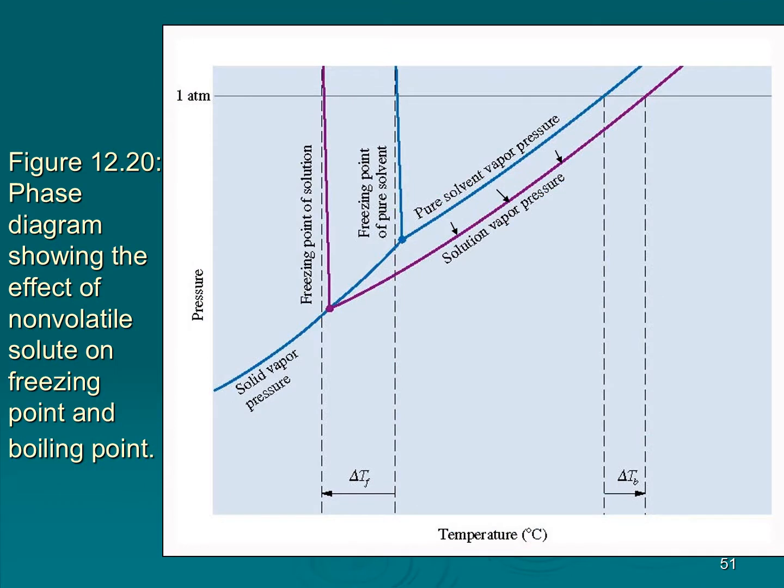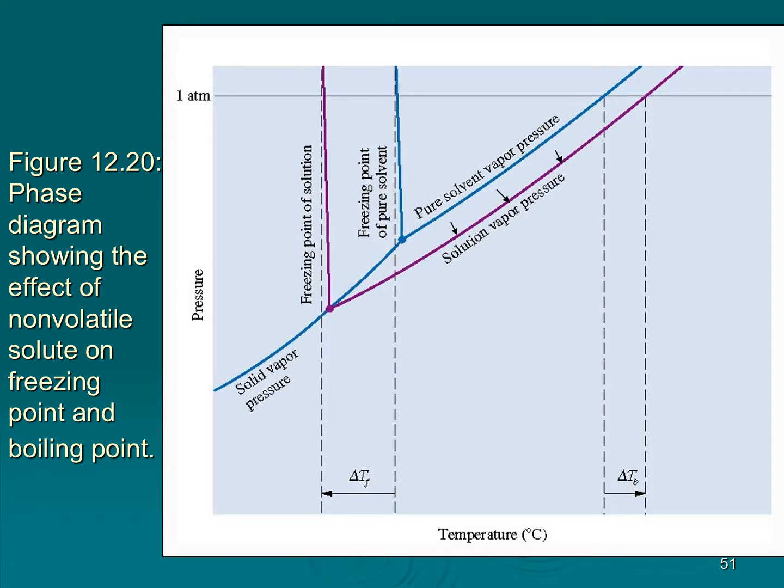Here's just a picture of it. So if you look at the phase diagram of, say, a pure substance, and then you add some non-volatile solute, notice that the vapor pressure on the right hand side lowers from the blue line to the purple line.